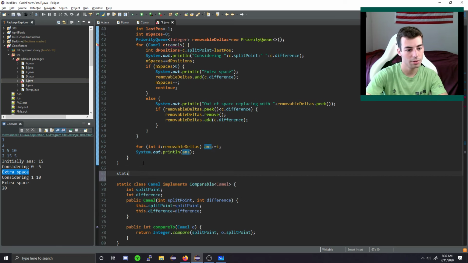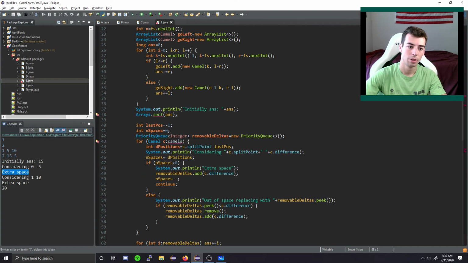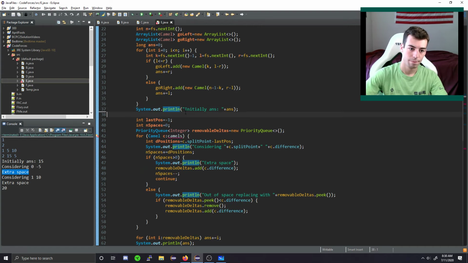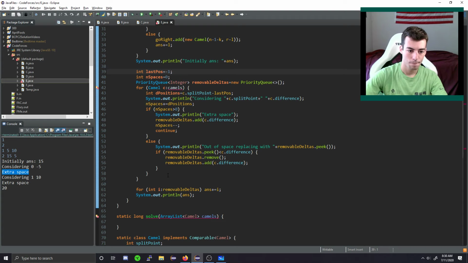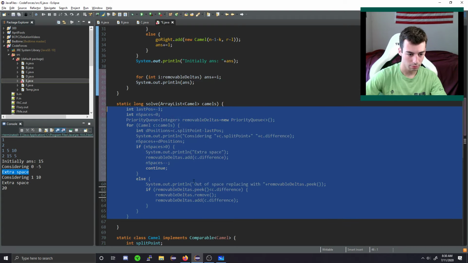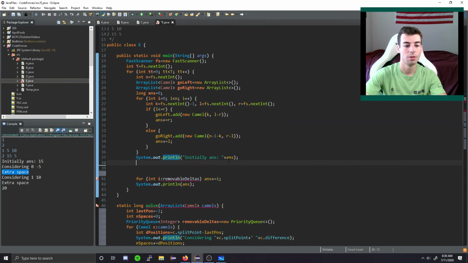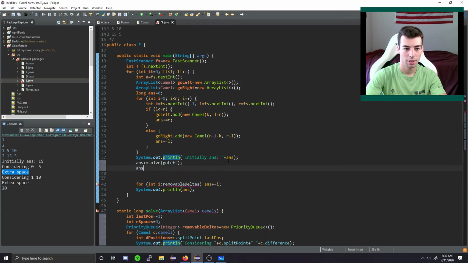Let's make a method for this. Okay, so now ans plus equals solve go left, ans plus equals solve go right.